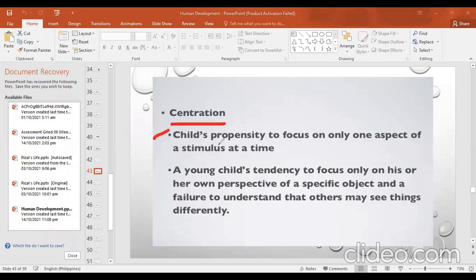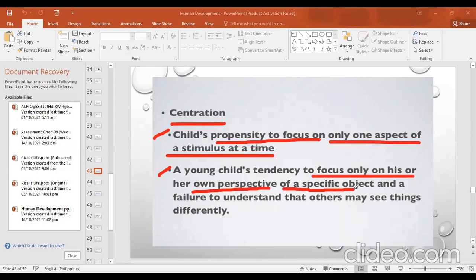So child's propensity to focus on only one aspect of a stimulus at a time. A young child's tendency to focus only on his or her own perspective of a specific object and a failure to understand that others may see things differently.